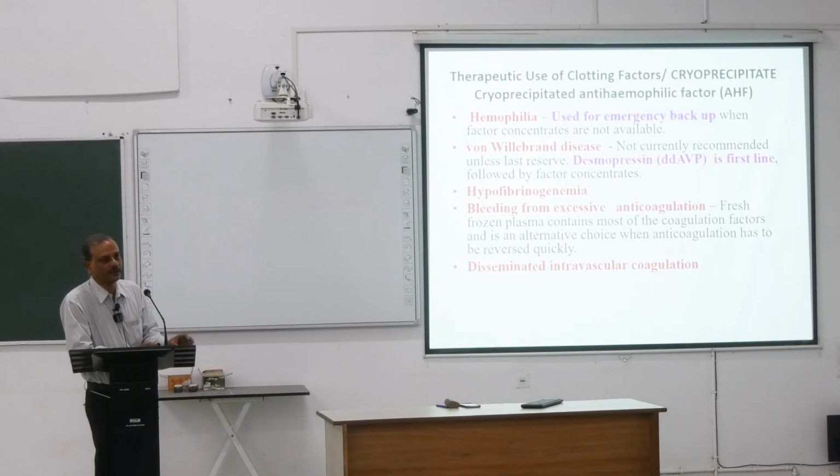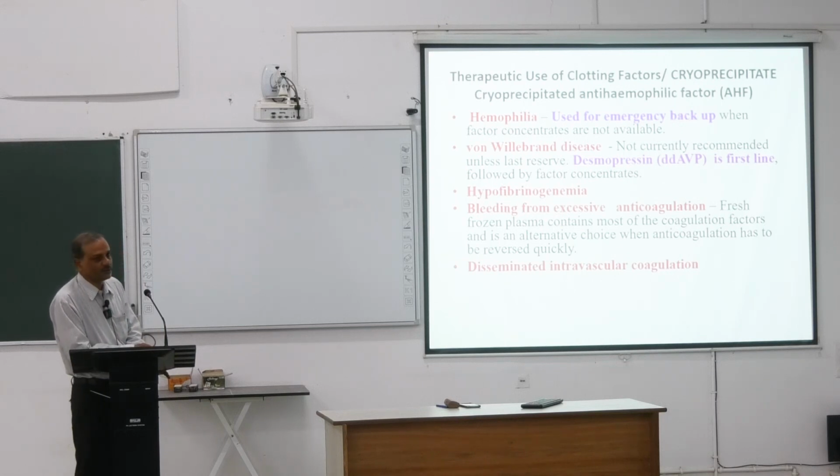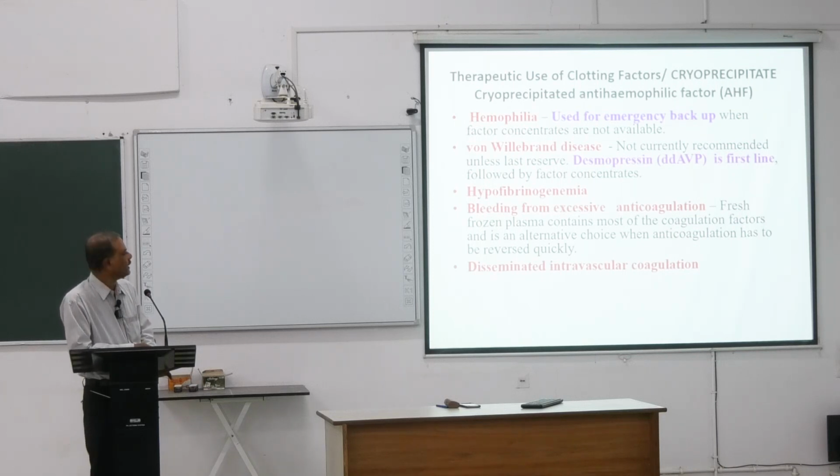So basically when factor 8 injection is not available, then cryoprecipitate is given as a therapeutic measure to hemophilia patients, as an emergency backup. For von Willebrand disease, normally this is not given, but desmopressin is the drug of first choice. If there is hypofibrinogenemia, in that case also cryoprecipitate is given because the fibrin network will not be formed when there is a low level of fibrinogen.